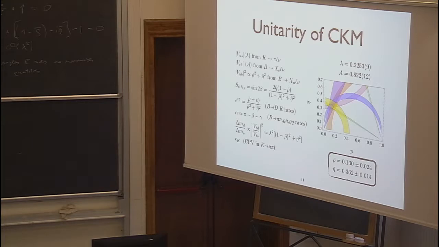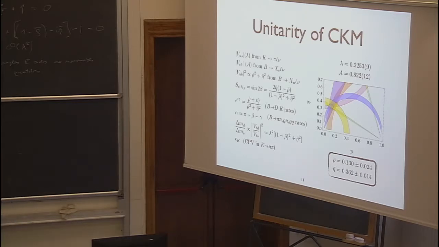The expression for epsilon K in terms of rho bar, eta bar is a bit more involved and lengthy, so I didn't even write it down because it's not very illuminating. But you can work it out, and it forms a non-trivial contour, which you see in pink in this plane.